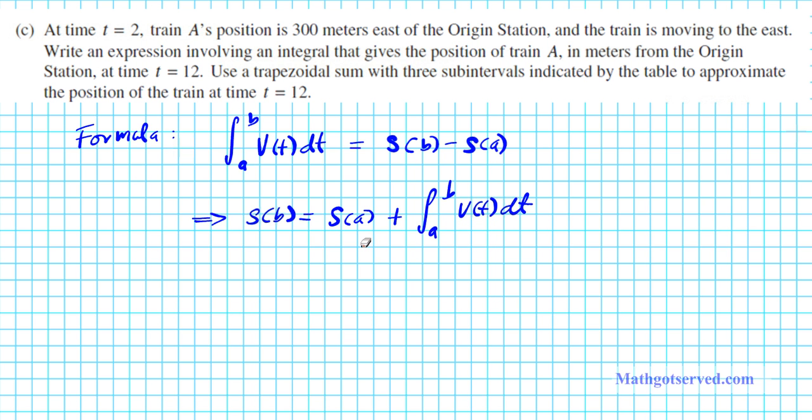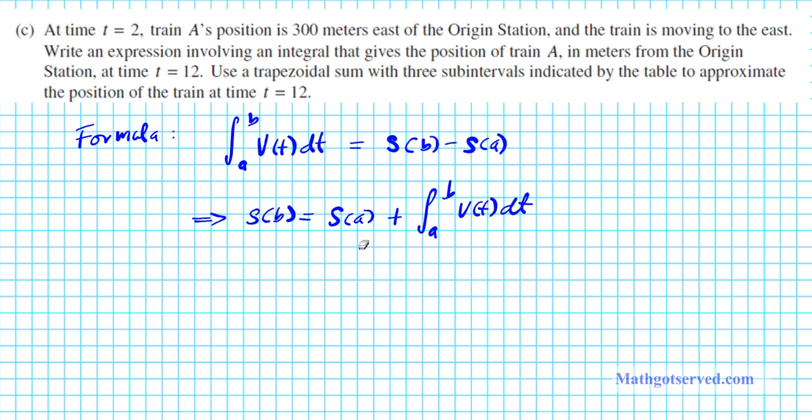Alright, so in this problem, we're going from 2 all the way to 12. So we're looking for s of 12, where b is 12 and a is 2.